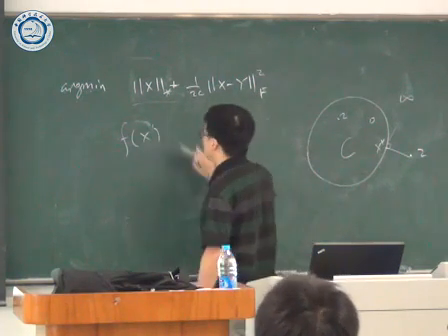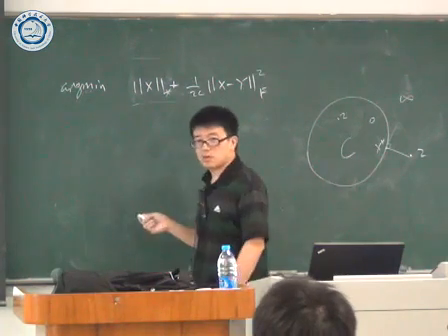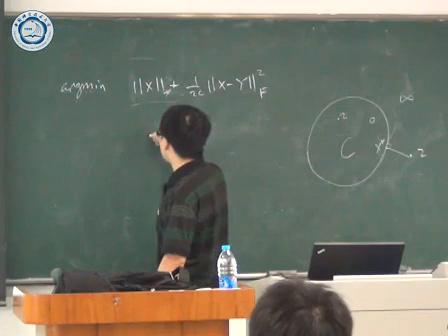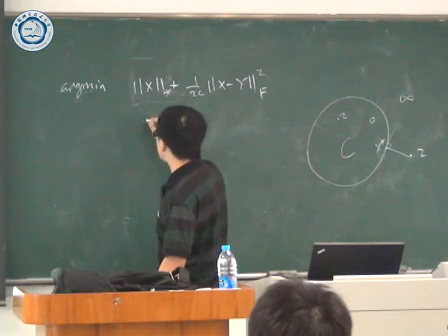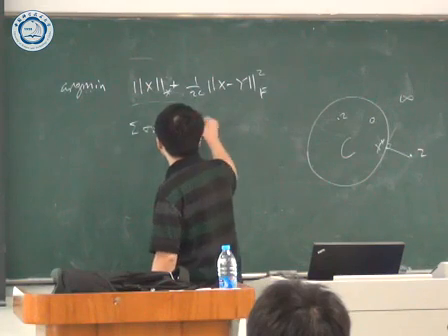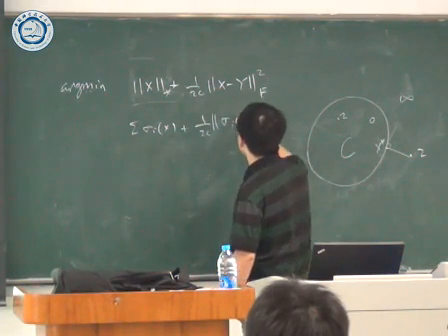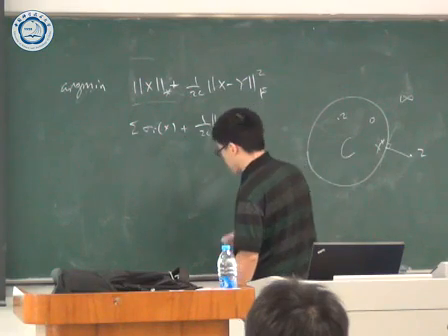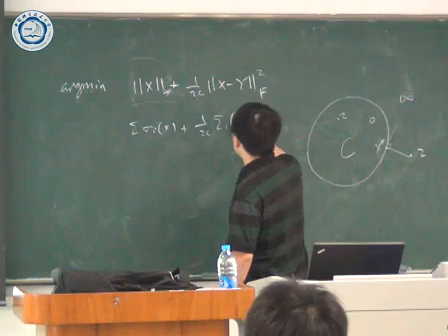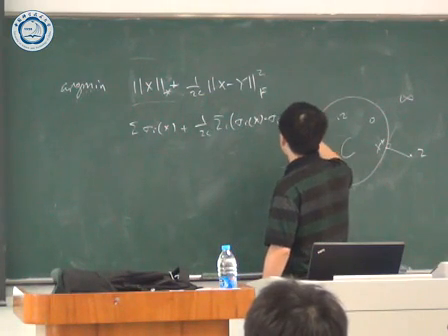So in fact, this is really just doing singular value operations. You're actually looking at the singular values. You're minimizing the summation of the singular values plus 1 over 2c times the 2 norm of the singular values of x minus the singular values of y.